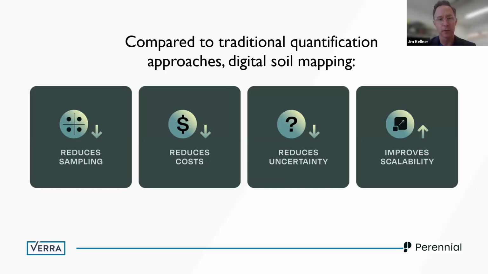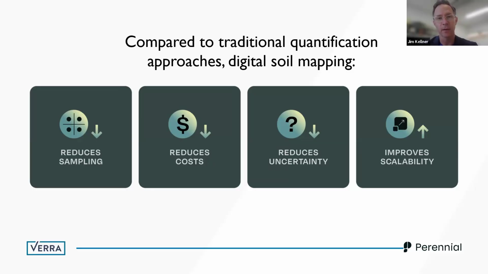Versus you can use a digital soil mapping model. So you take those 250 samples, use them to train a digital soil mapping model, use it to make a map, and then calculate the mean and the uncertainty from the map. What I'm saying is that what we find is that you can get to smaller uncertainty with the same number of samples by way of digital soil mapping. Therefore, it reduces the sampling burden and reduces the cost by reducing the number of samples.